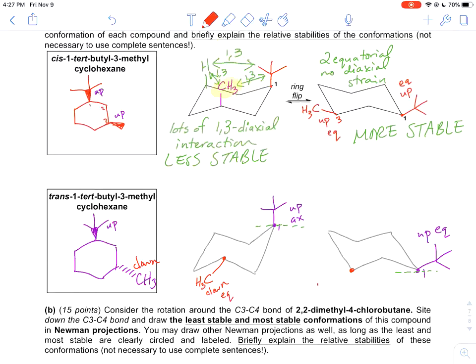Here we still want it to be down, but if we do our ring flip properly, then it should be down and axial. So now we compare stabilities. They both have 1,3 diaxial interactions.